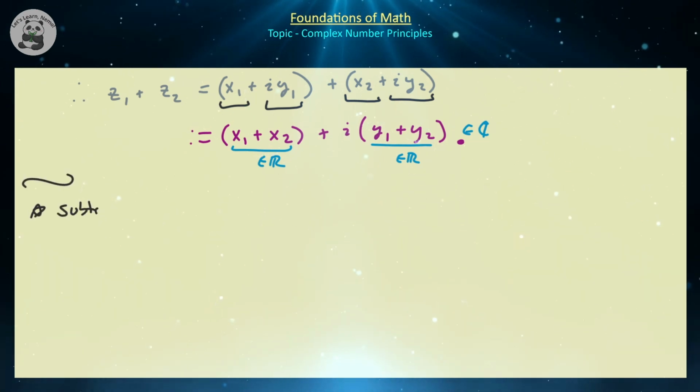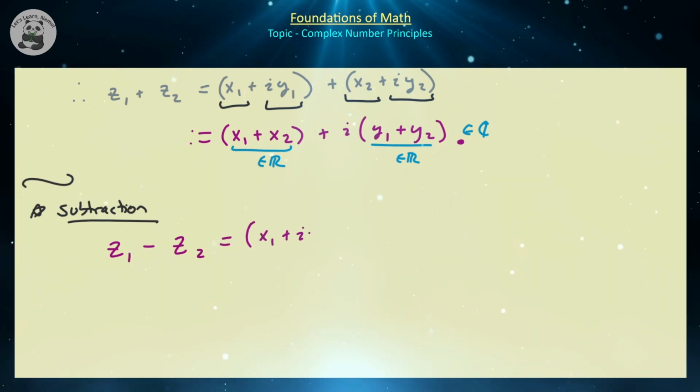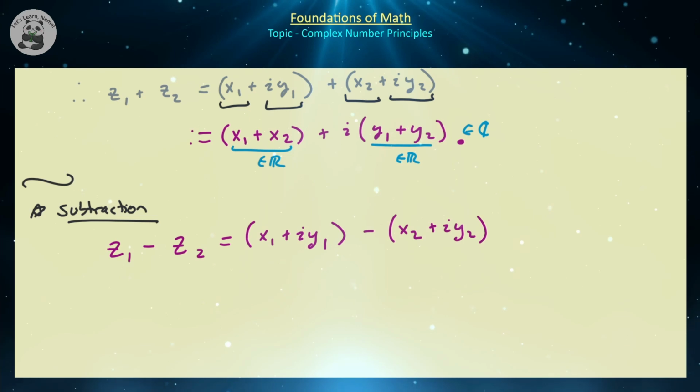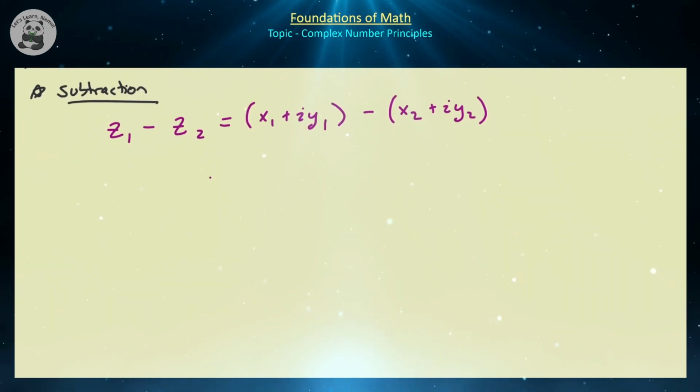So how would we define subtraction between complex numbers? So that is z1 minus z2, which has the inherent structure x1 plus i y1, and then we're going to define this operation minus on x2 plus i y2. How would we define this particular structure?